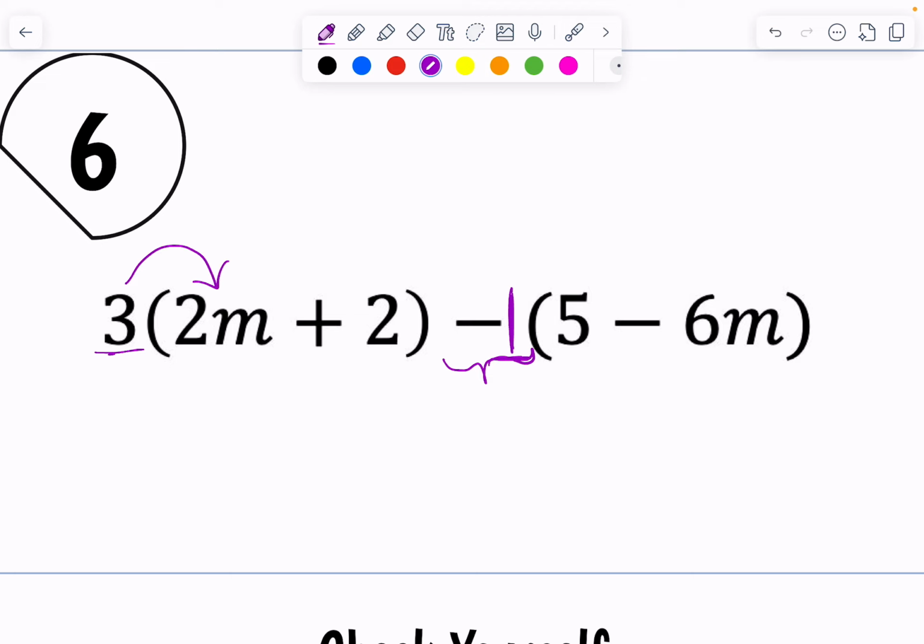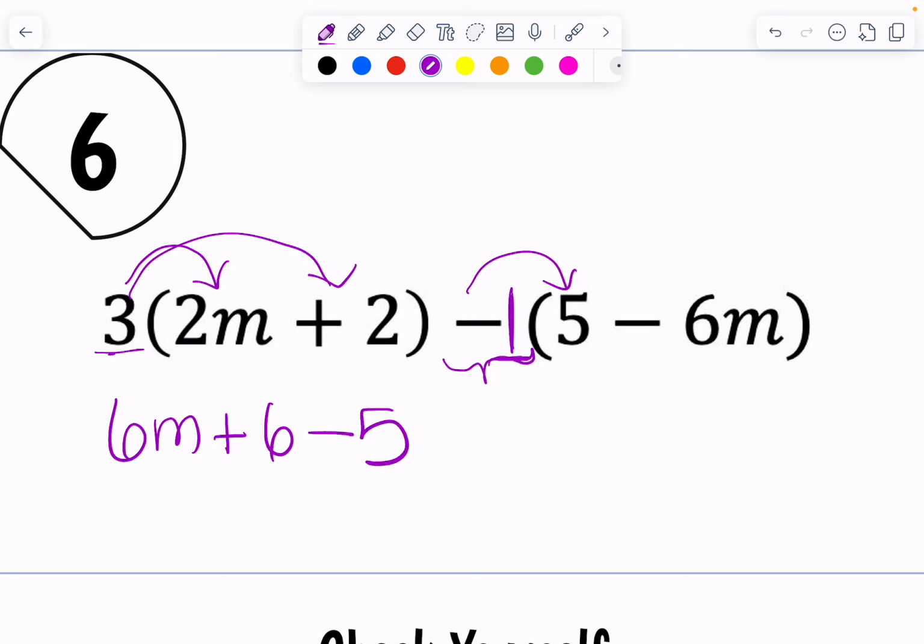So we have positive 3 times 2m would give me 6m. Positive 3 times 2 gives me a positive 6. Over here, negative 1 times 5 gives me negative 5, so I write that as subtraction. And then negative 1 times negative 6m, and negative times a negative gives me a positive, so positive 6m.